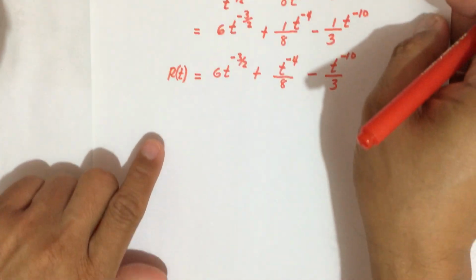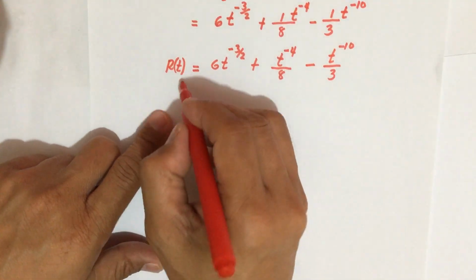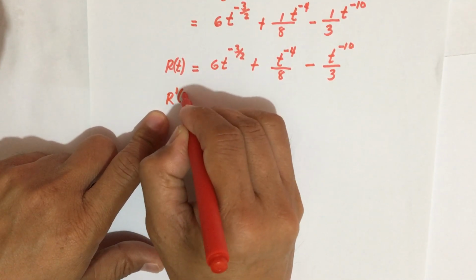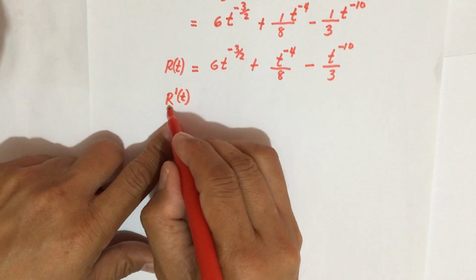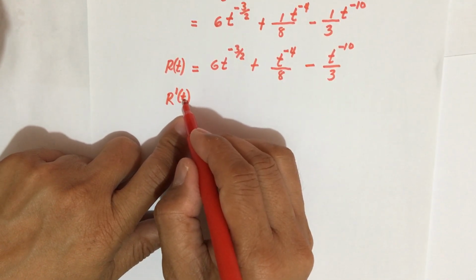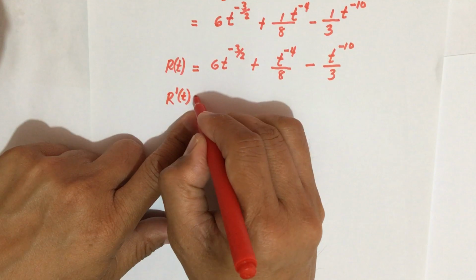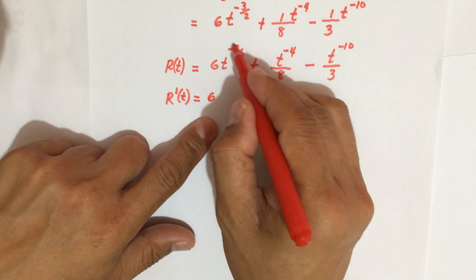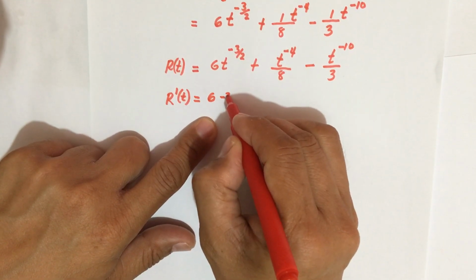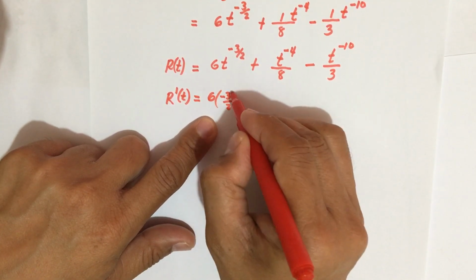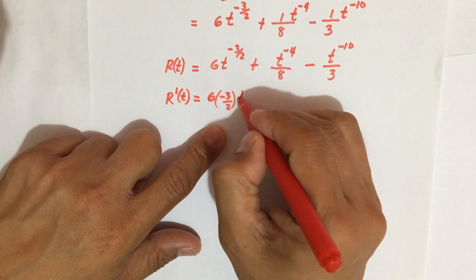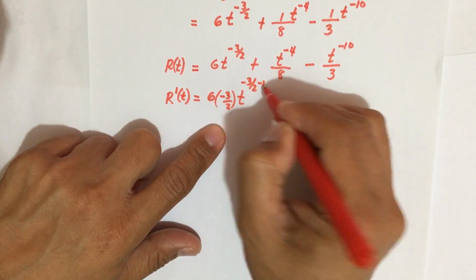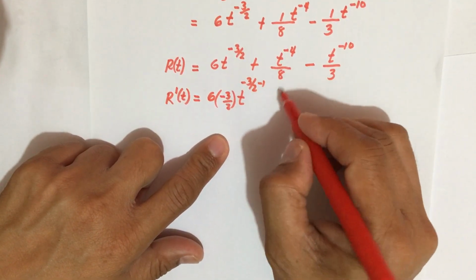Now for the derivative, when you write it, don't forget to write it this way: r prime sub t, meaning this is the derivative of the function of t. So we have 6, then applying the power formula, the power will go down. So 3 halves, then times t to the minus 3 halves minus 1, because you subtract the powers by 1.